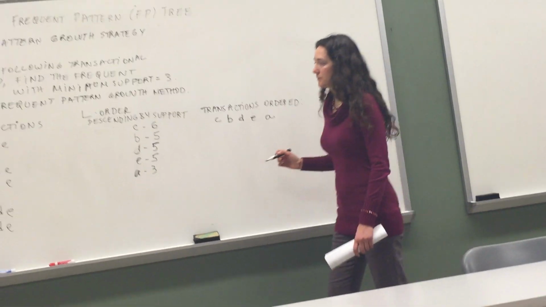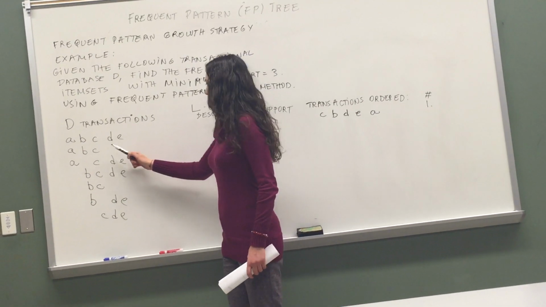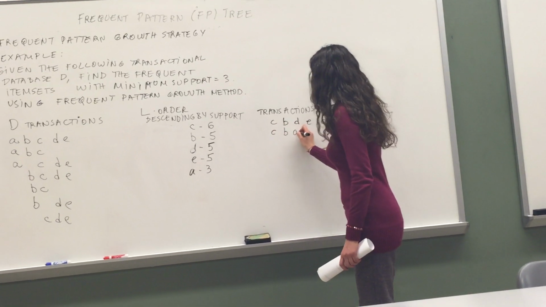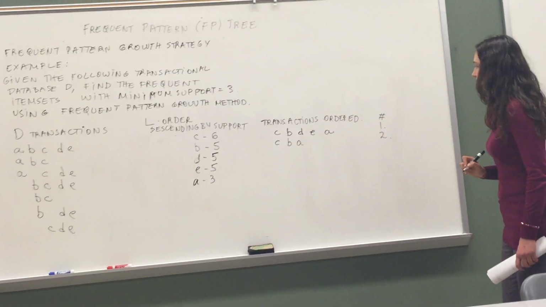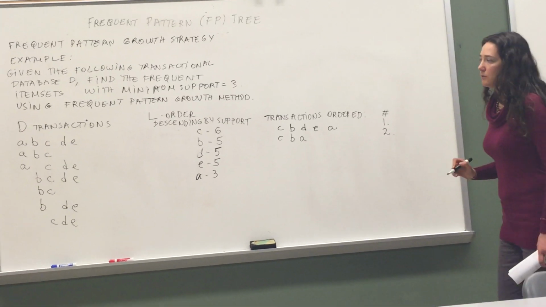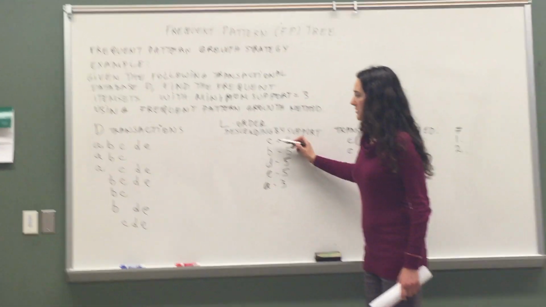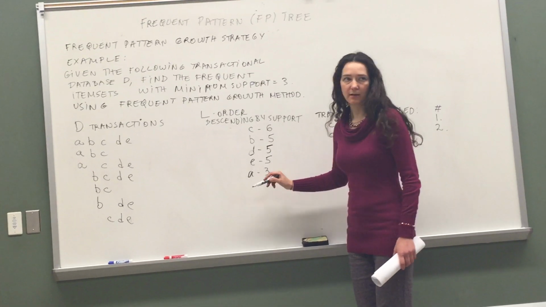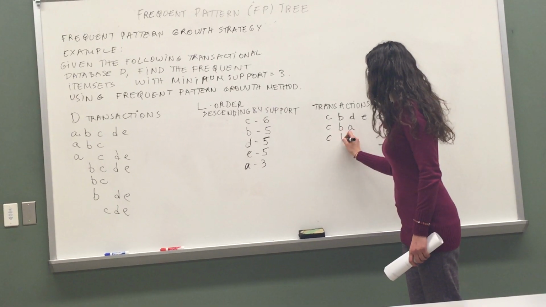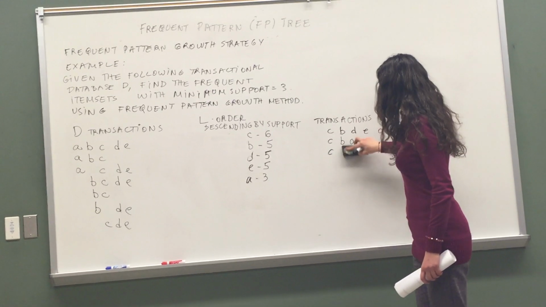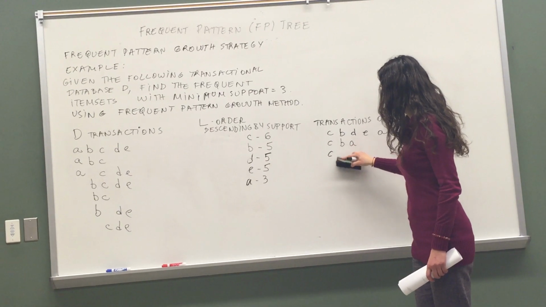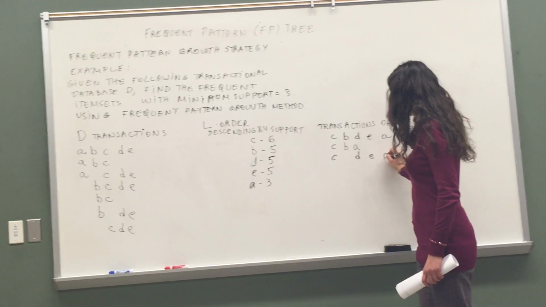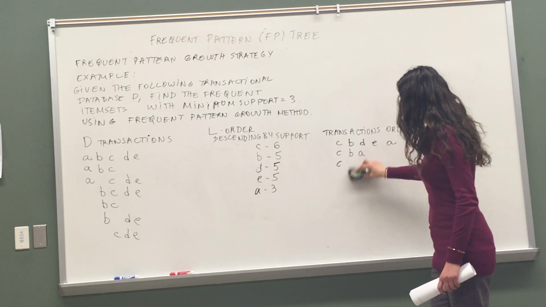Next one will become C, B, A. That's transaction number 2. Next one will become C, D, E, A.